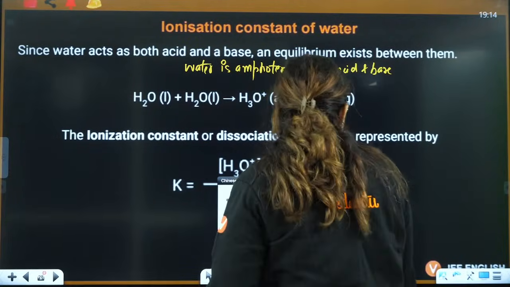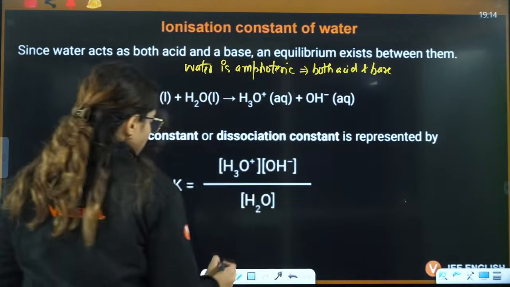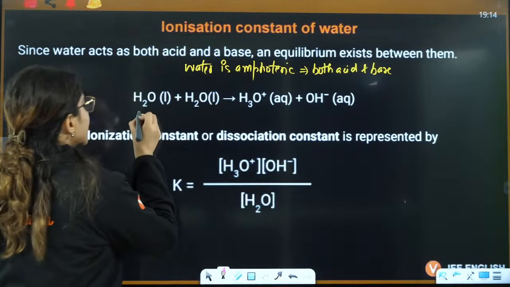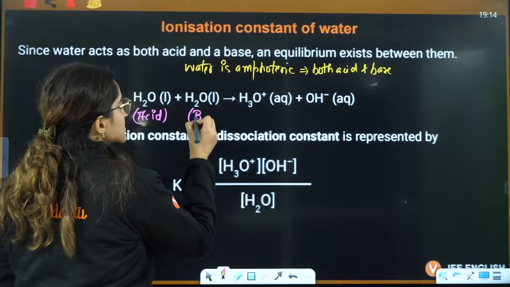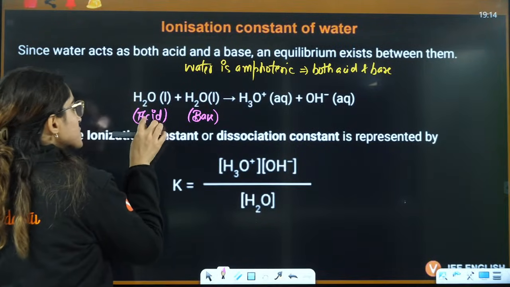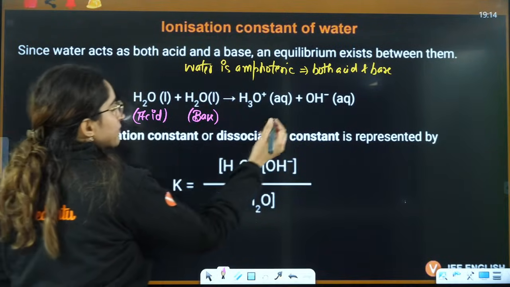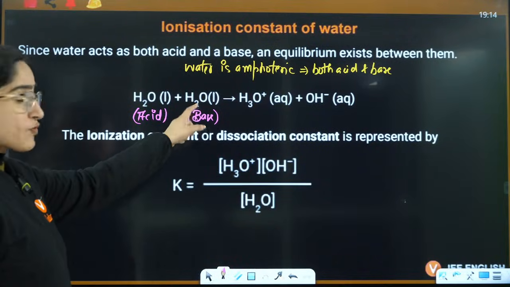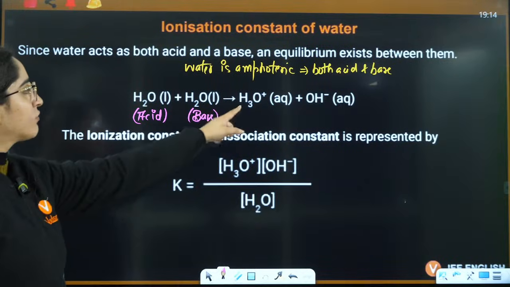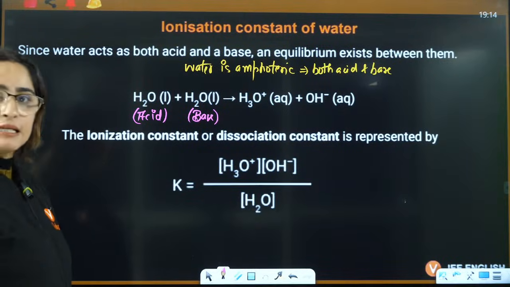So let's say this particular molecule is behaving like an acid and this is behaving like a base. This will donate H positive and will be converted to OH negative, and this will accept H positive and will be converted to hydronium ion, right?